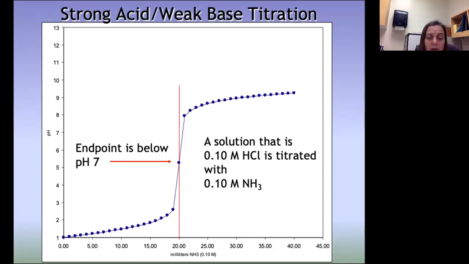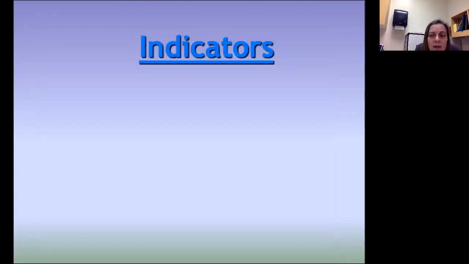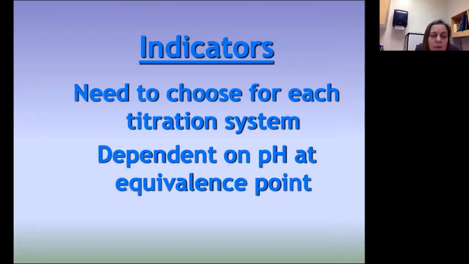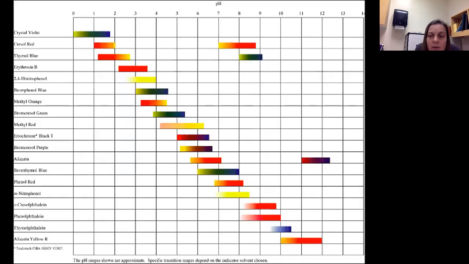So because we have different equivalence points, we have to choose indicators for the particular titration system. And we need to choose that indicator based on the pH at the equivalence point. So we would need to do some calculations ahead of time in order to determine what the pH at the equivalence point is going to be. And then we would look at a chart like this one that would tell us where the indicator changes color.